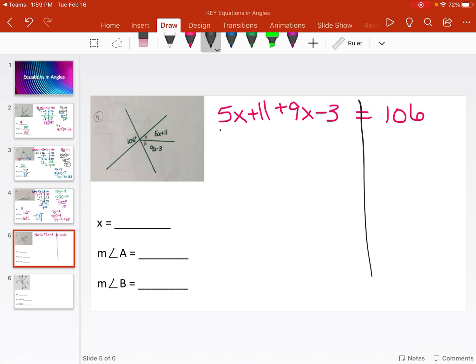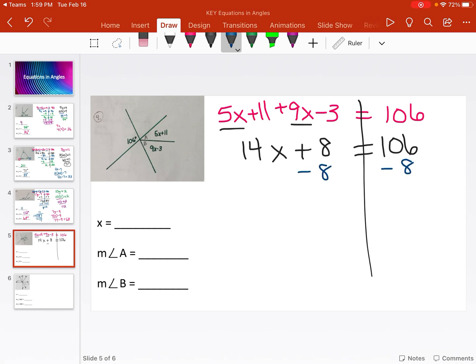Now I can combine my like terms and solve. So go ahead and do that, and I'll check back with you. So 9x plus 5x is 14x. 11 minus 3 is 8. So 14x plus 8 equals 106. Then I am going to subtract 8 from both sides.